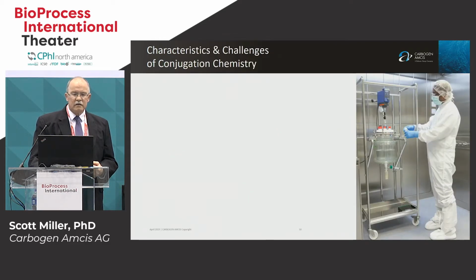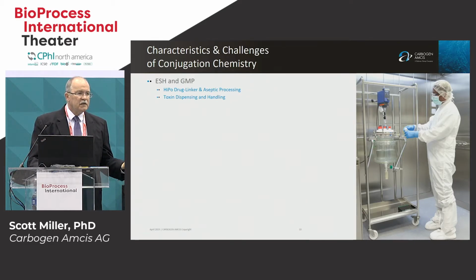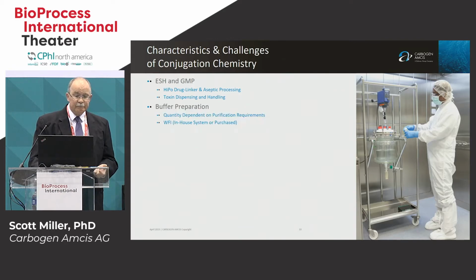A quick talk about the characteristics or challenges of conjugation chemistry. So this is now dealing with the clean room activities. You have, as I mentioned before, both the environmental and health and safety concerns, as well as the GMP concerns. Drug linker handling and aseptic processing, toxin dispensing and handling.